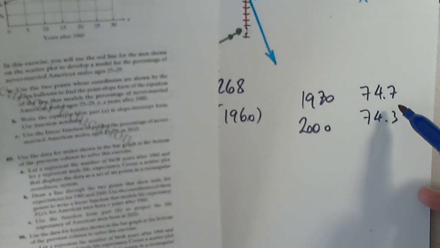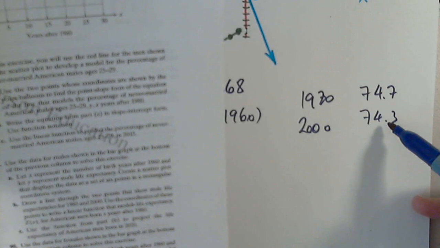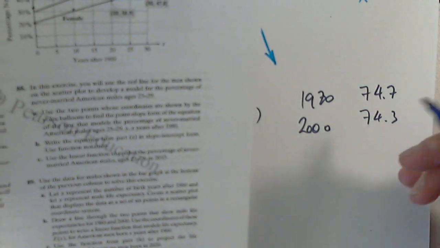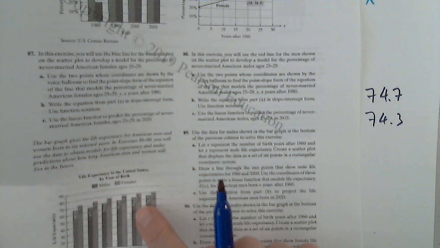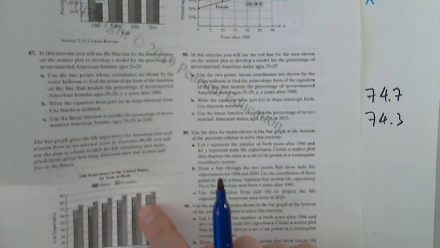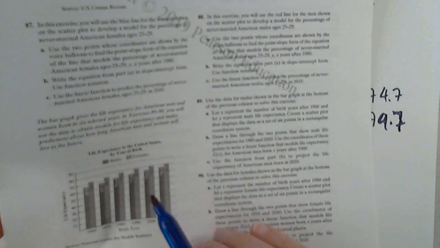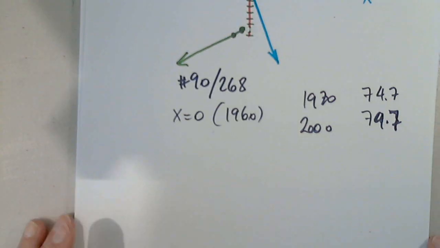Yeah, it's 79.7 for the year 2000. 79.7. Thank you. I looked at male, right? That's what I did. Okay, perfect. That's all we needed.